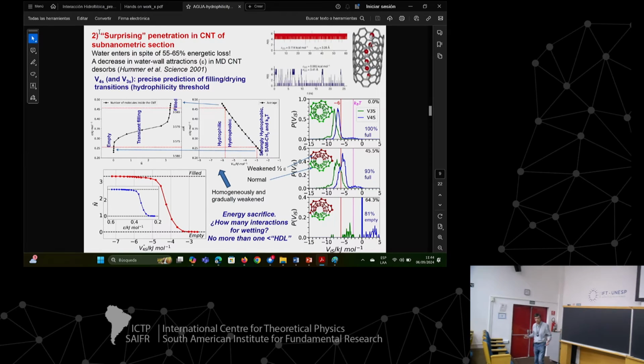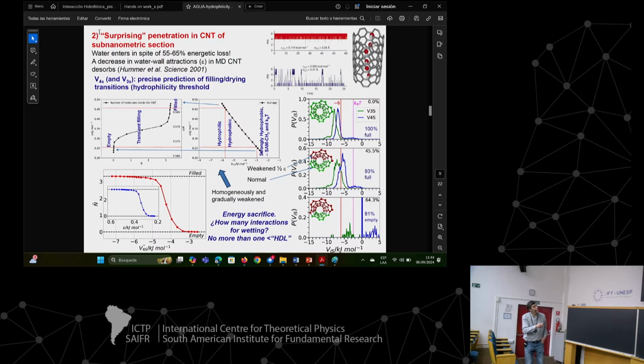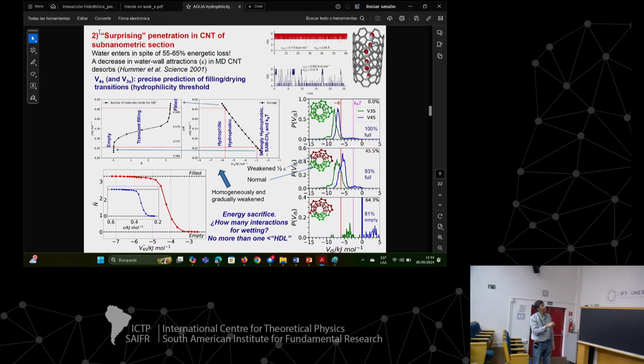You can see here each water molecule enters in a train, attached by hydrogen bonds with 2 other water molecules, but it has lost 2 of them. The loss, again, is very relevant, around 60%, and what you recover with the interaction with the surface is much more or less than that.